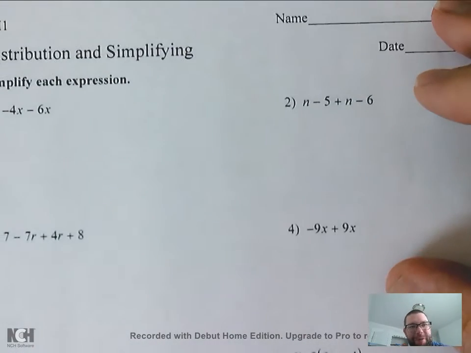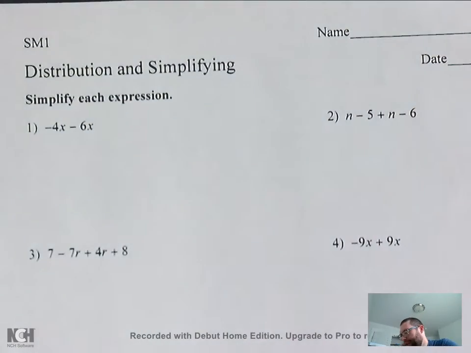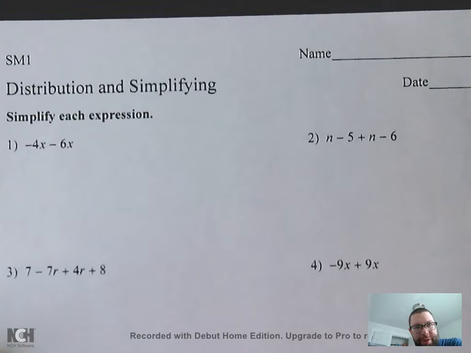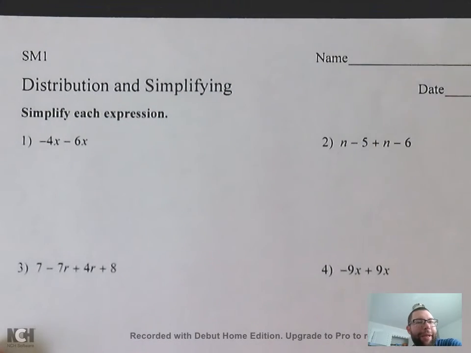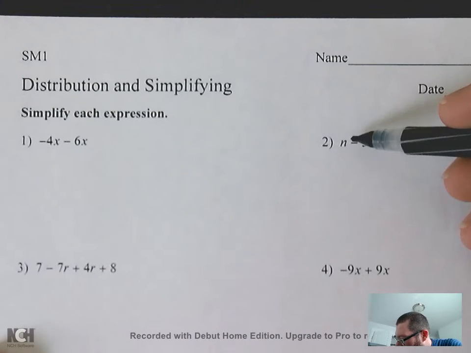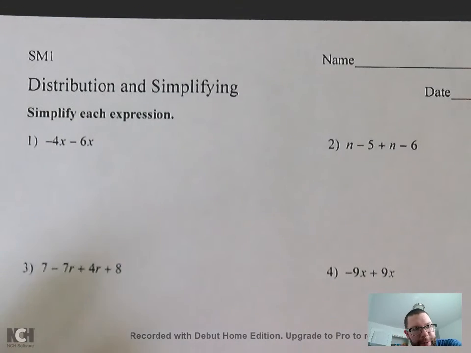Okay, so first things first, when we talk about like terms, or when we talk about terms, these are what we look at in an expression like this. An expression is different from an equation because it doesn't have an equal sign. Without an equal sign, we can't solve for anything, right? So this is just an expression, and all we can do is simplify it.